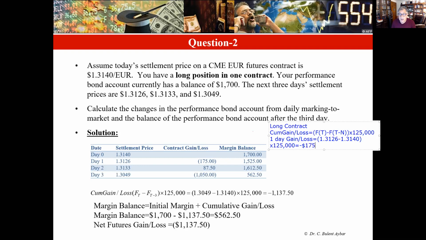Second day gain or loss would be $131.33 minus 131.26. In this case, contract price went up, which is going to end up with a gain. In this case, it is $87.50 of gain.